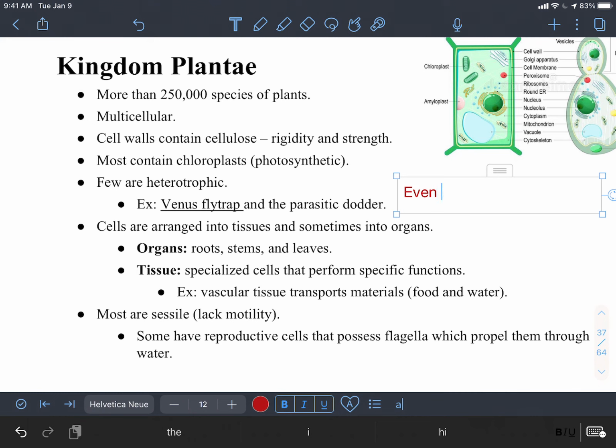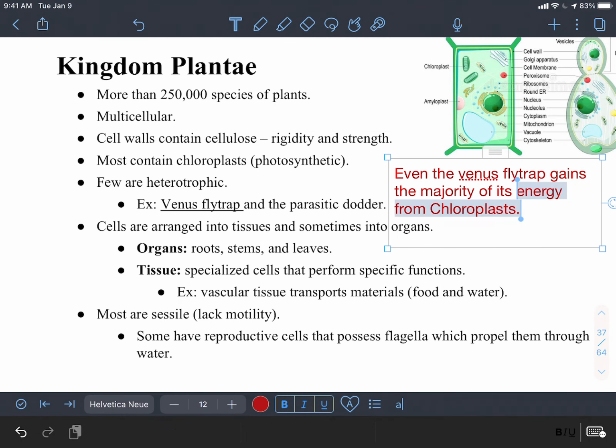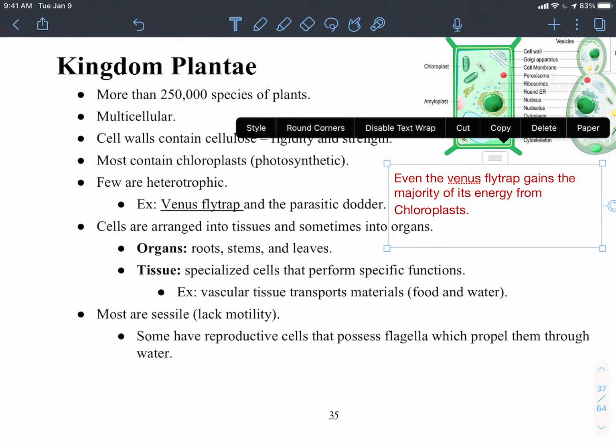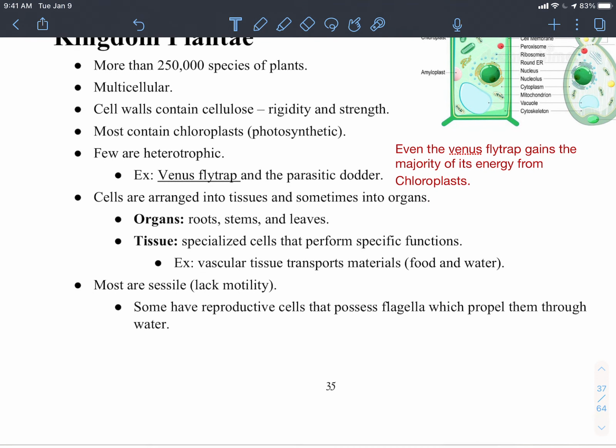So even the Venus flytrap gains the majority of its energy from chloroplasts. I believe that the Venus flytrap is just getting some essential vitamins and nutrients and minerals from eating flies, not necessarily that it lacks in the soil, is my recollection.